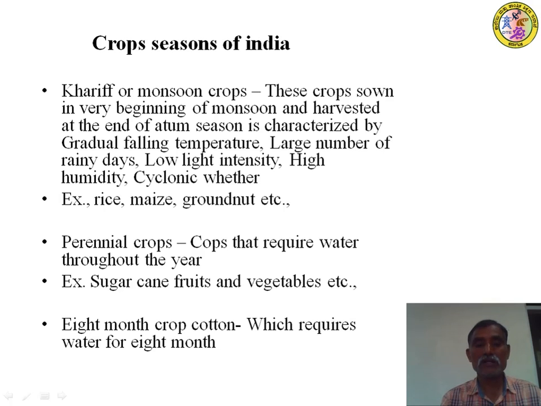These crops are sown at the beginning of the monsoon and harvested at the end of autumn. The season is characterized by gradually falling temperature, a large number of rainy days, low light intensity, and high humidity. In these climatic conditions, Kharif crops are grown. Examples of the Kharif crops are rice, maize, groundnut, etc.